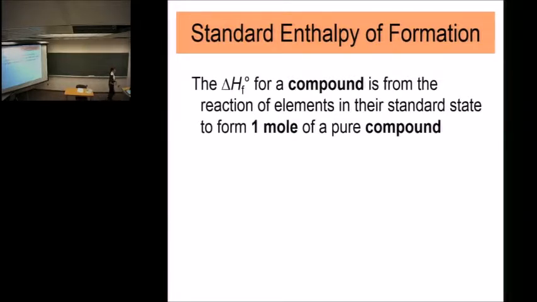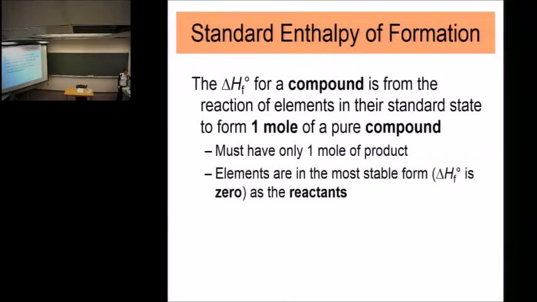Now we can represent the formation of this compound by an equation, but in that equation I can only have 1 mole of the product, not 2, not 3, not a half, 1 mole of the product, and the elements are what I'm going to use as reactants. I can't use any compounds, I have to use elements. But which kinds of elements as reactants?